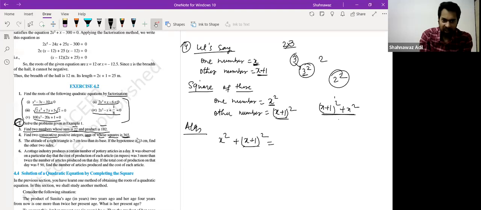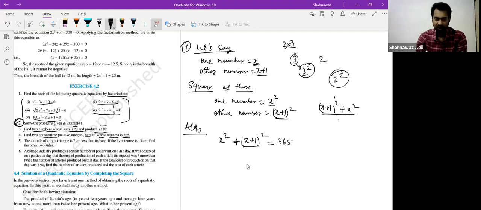So the sum of the squares of these numbers is 365. Did you understand this part?